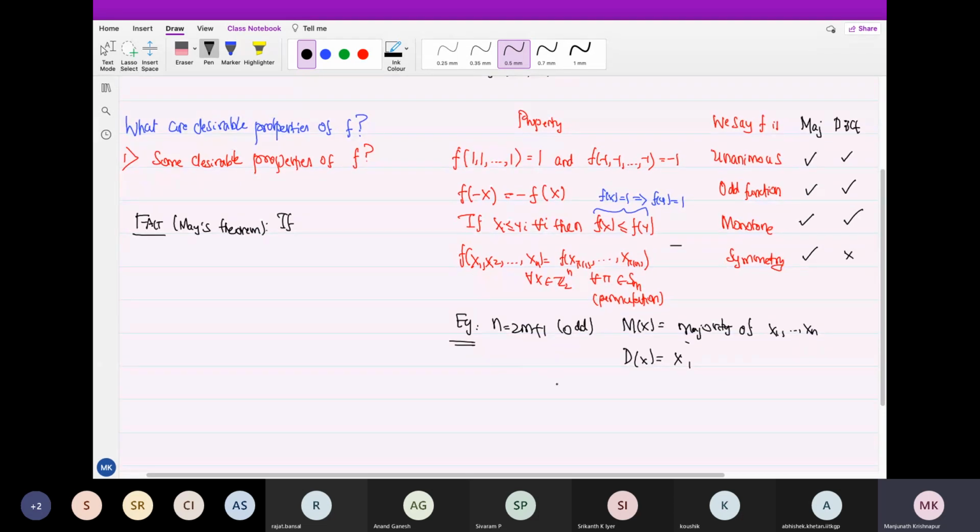So if you take something like recursive majority, which I will not recall the definition of. You remember that we divide the whole population, maybe the country is divided into states, and states are divided into districts. We take the majority in each district to decide the vote for the district.